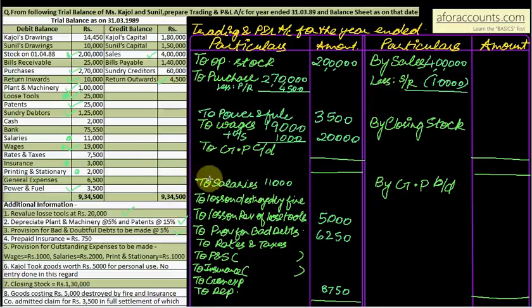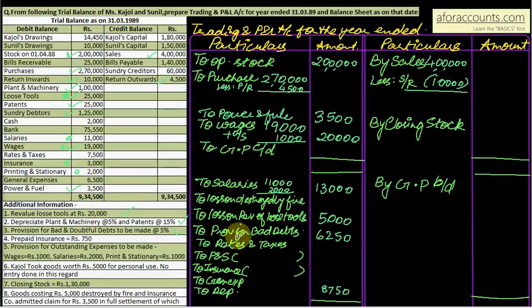Salaries. See, salaries is in the inner column 11,000 and see salaries 2,000 outstanding. So add outstanding salary 2,000. So plus 2,000 होगा इधर, add outstanding, and 13,000 will come in the outer column. Wages हो गया, salaries हो गया, printing and stationery 2,000 is there.